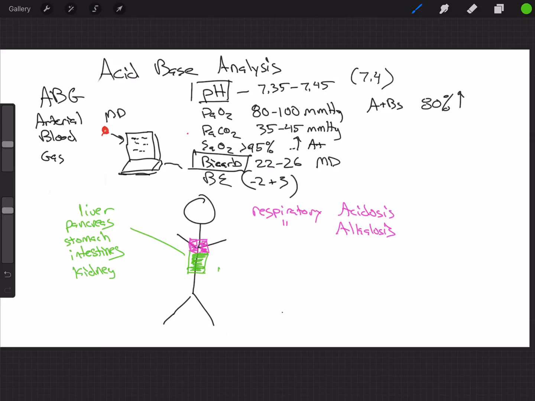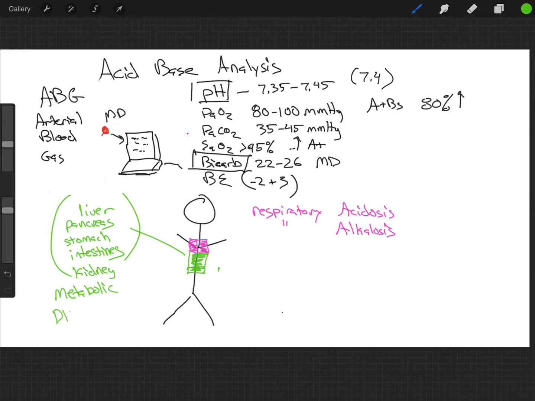So all of these parts of the main core of the body are going to be metabolic causes of either acidosis or alkalosis. So you could probably name a few of them.